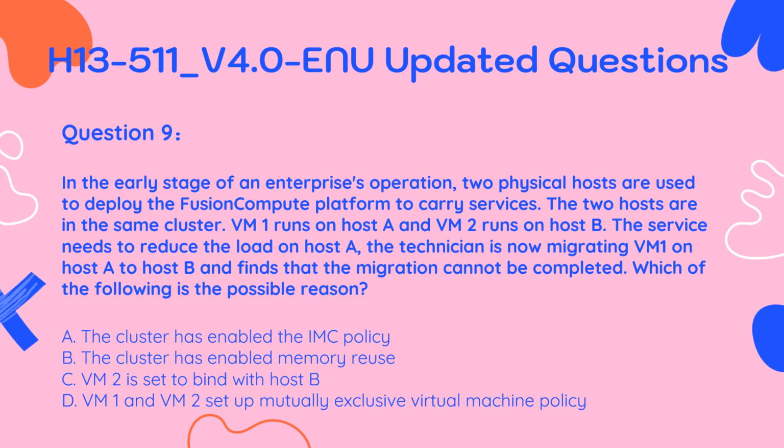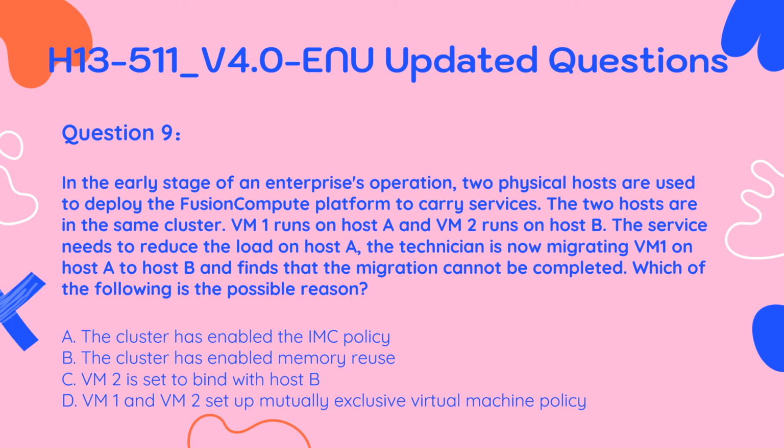Question 9. In the early stage of an enterprise's operation, two physical hosts are used to deploy the FusionCompute platform to carry services. The two hosts are in the same cluster. VM1 runs on host A and VM2 runs on host B. The service needs to reduce the load on host A. The technician is now migrating VM1 on host A to host B and finds that the migration cannot be completed.